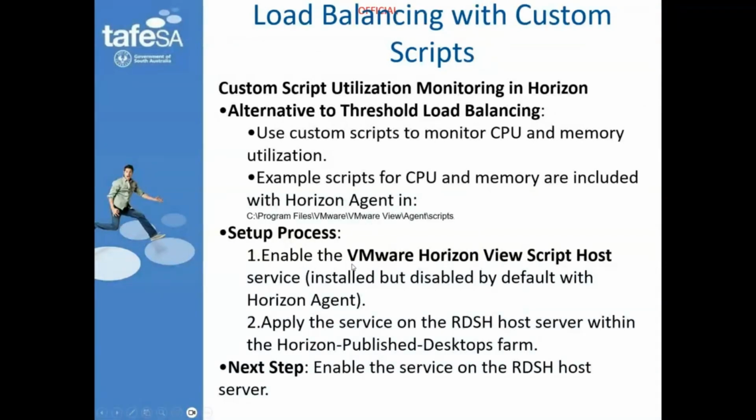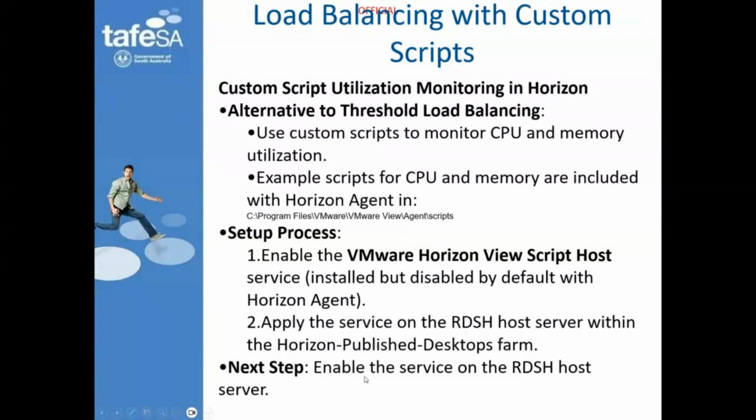The setup process: we enable the VMware View Script Host Service, and it's installed. When we install the agent, it's installed onto the server by default, but it's disabled. We just have to go into the service and enable it like any other service. Second, we apply the service on the remote desktop service host server within the Horizon published desktop farm.